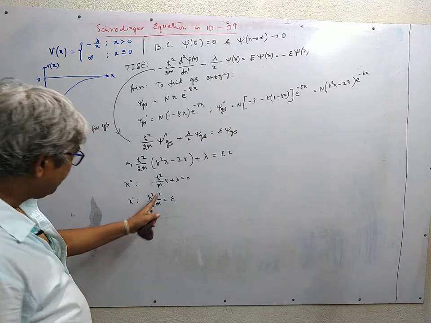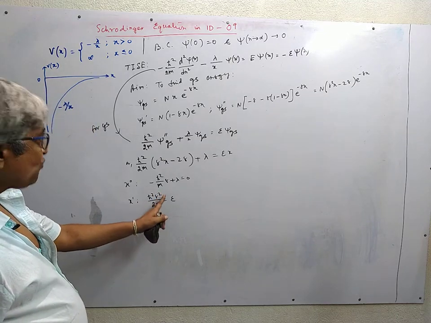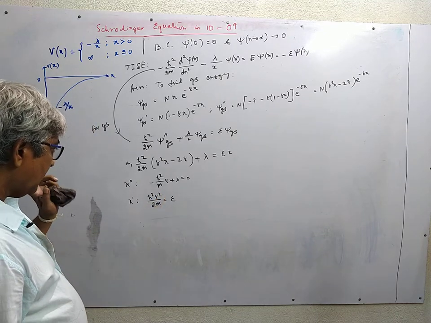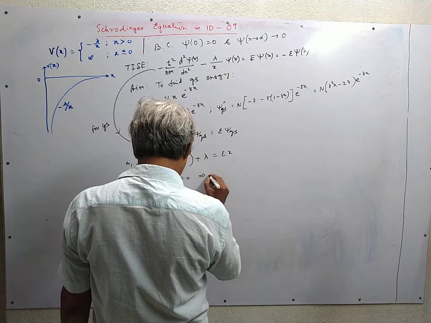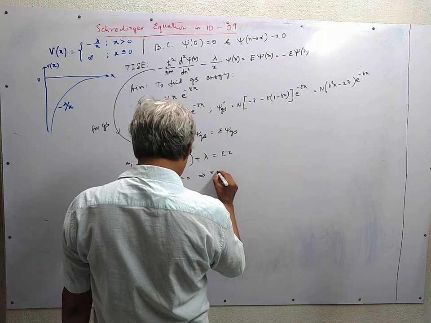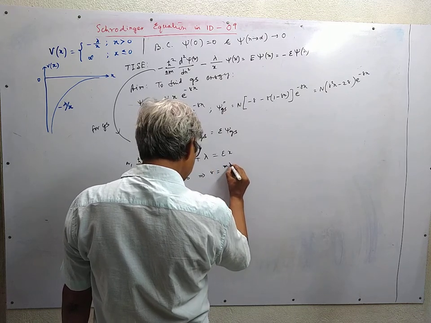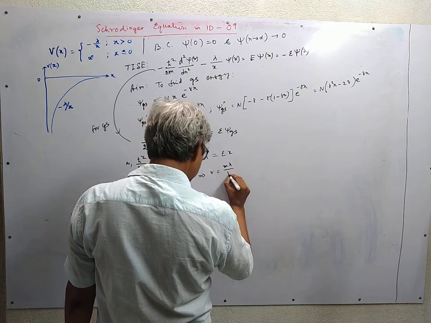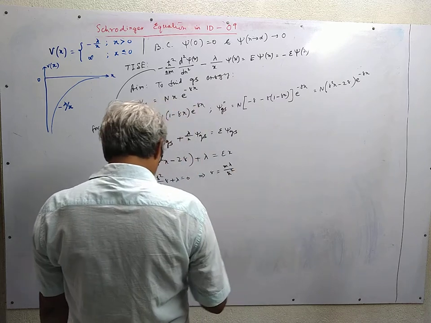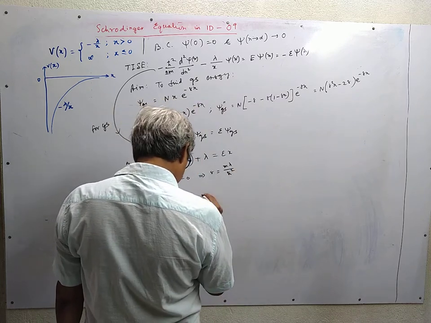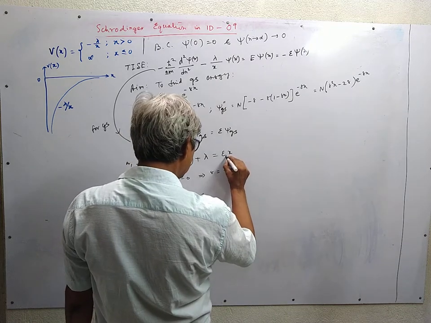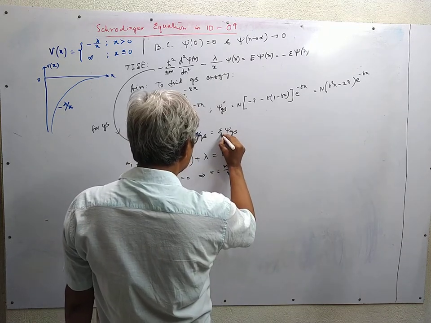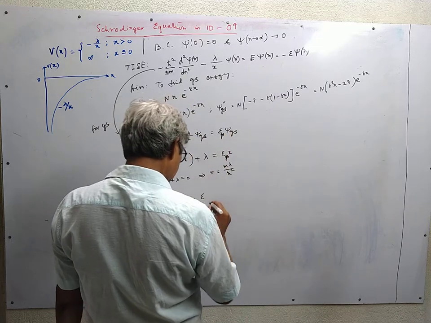So we need to replace gamma from this equation. This is the ground state energy.